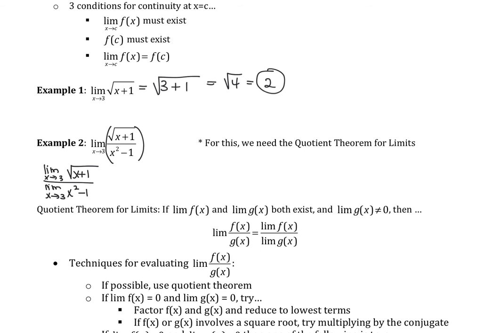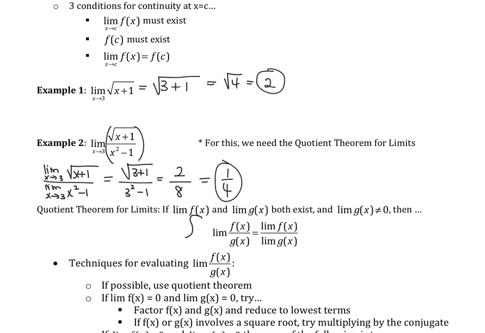And then I'll do direct substitution into both. So we'll have the square root of 3 plus 1 over 3 squared minus 1. So this would be 2, like we got in example 1, and then we have 8. So my answer is 1/4.